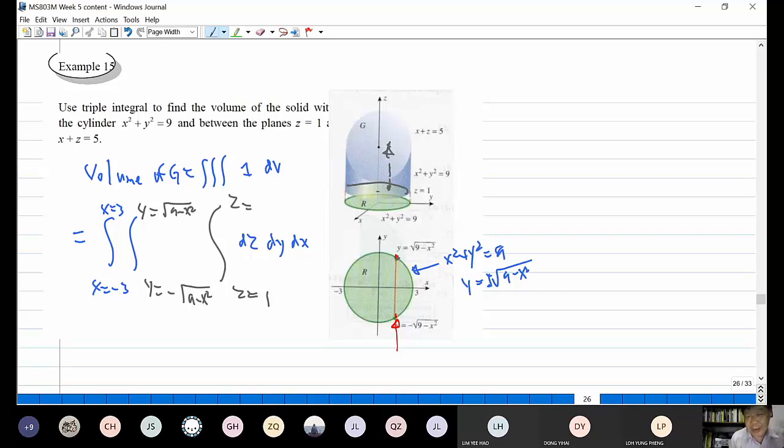The surface is z equals what? 5 minus x. Beginning with z equals 1, you move all the way up until you hit the surface, x plus z equals 5, meaning z equals 5 minus x. And this is what you integrate now.